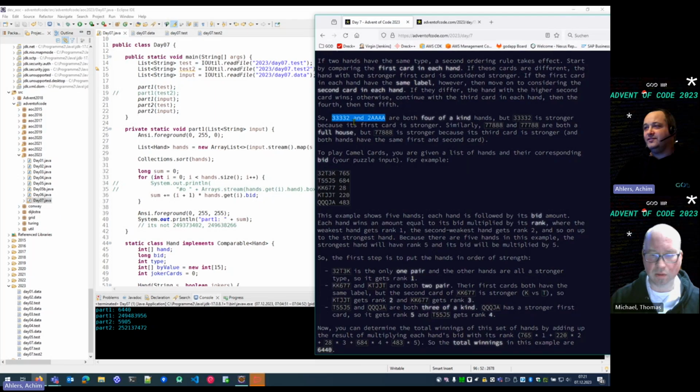This clarifies it because in this way, the 4-of-a-kind of 3s wins out against the 4-of-a-kind of aces, because the first card here is a 3 and there is a 2. This is a bit different to poker. In poker, the 4 aces would win out because they are in themselves bigger than the 3s.